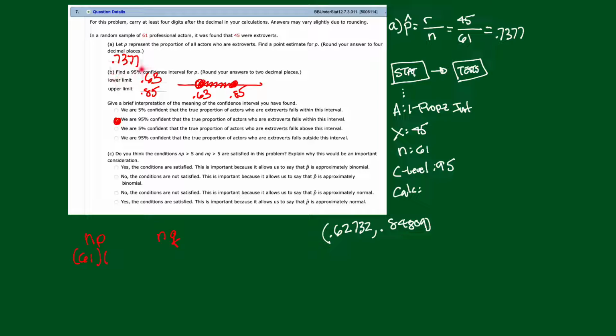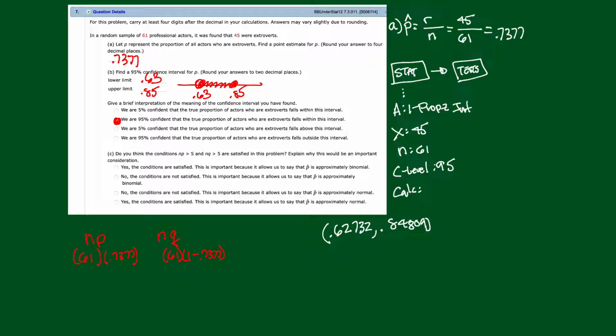That was 0.7377. All right, so that's going to be 0.7377. NQ is going to be 61. Now, what is Q? Well, Q is 1 minus 0.7377. We'll just have the calculator do it.